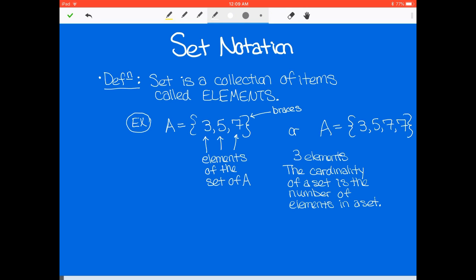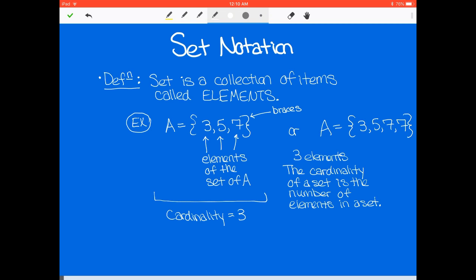So let's look at this first example here. What is the cardinality of this first example? The cardinality is equal to 3.